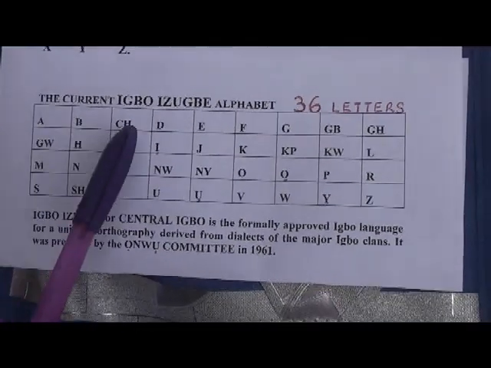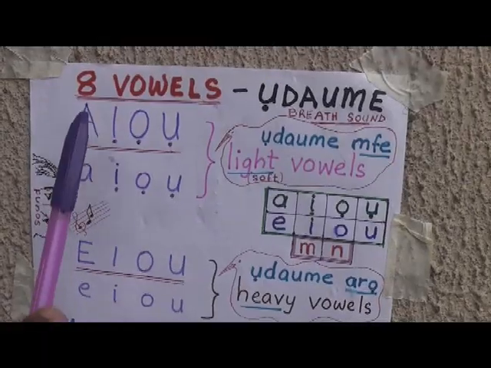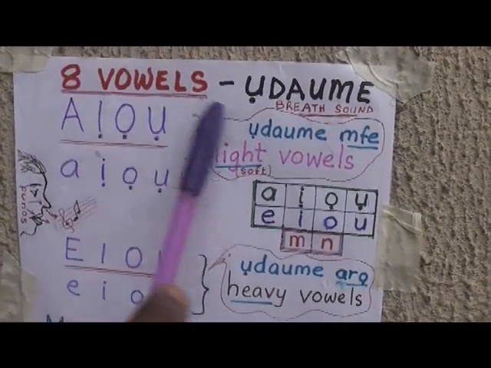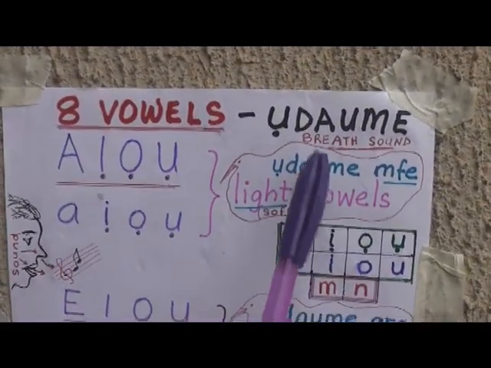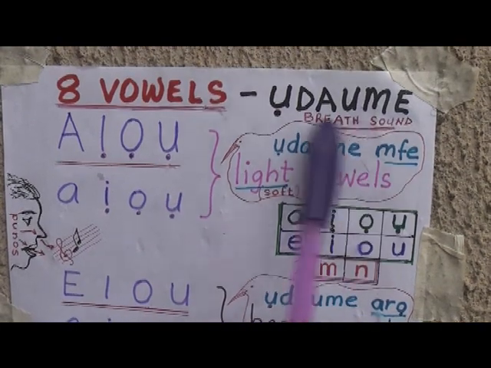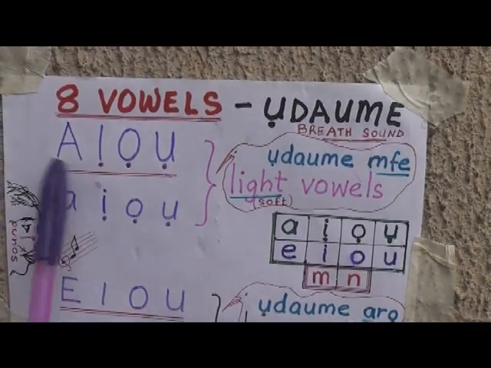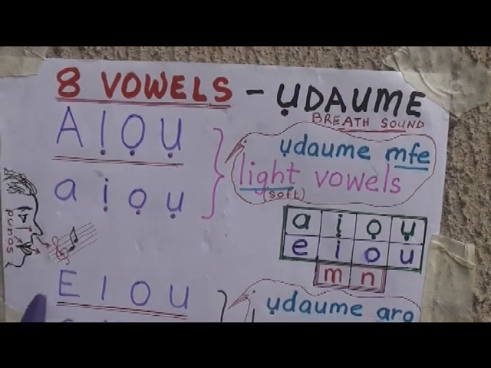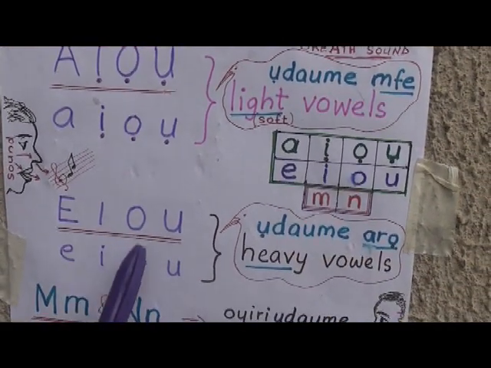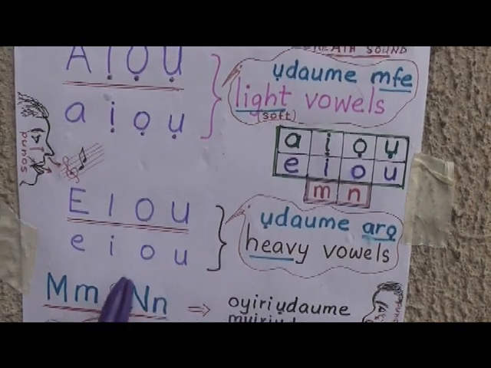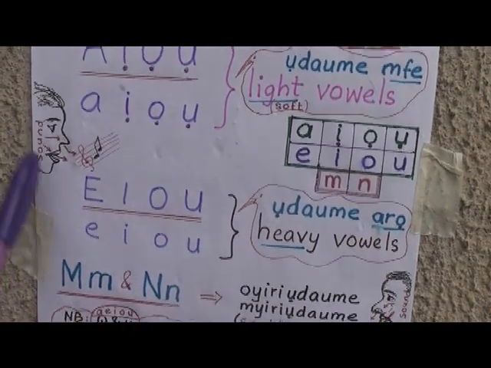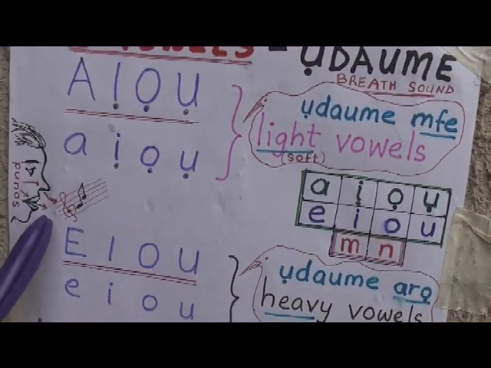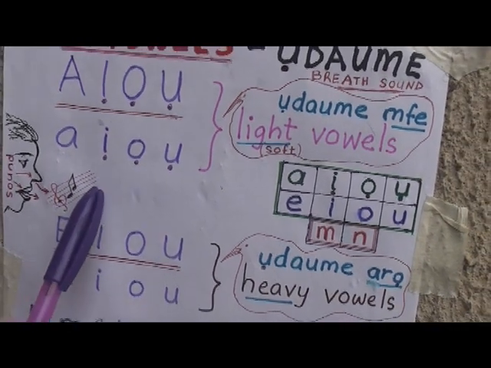Note the first 4 letters A, B, G, D. Note the 8 vowels of Igbo language. We call them odaume or breath sounds. A, E, O, and then A, E, O, U. We call them odaume because when you breathe out and vocalize, the sound comes out.